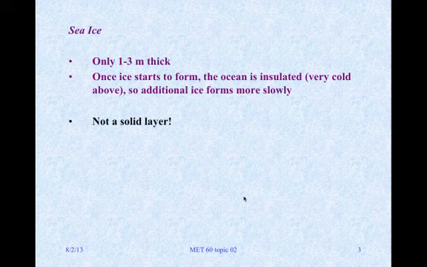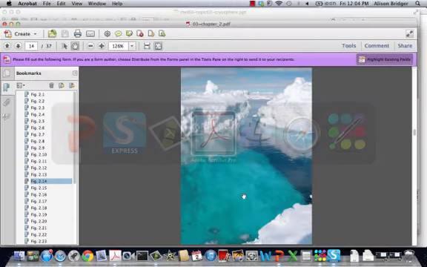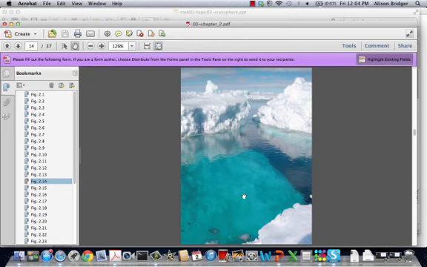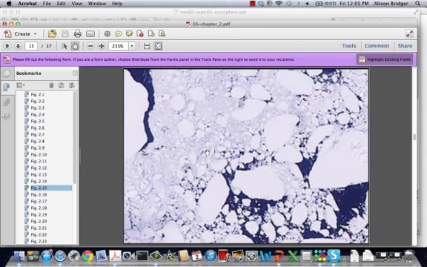The ice is not a solid layer, so there are some photographs here in the book. This is one photograph showing that you have chunks of ice and open water in between. Actually, this thing looks like an iceberg to me. This is probably a better picture taken from above of what sea ice looks like, and it's clear that it's not one continuous slab. So you have a slab of ice here, open water.